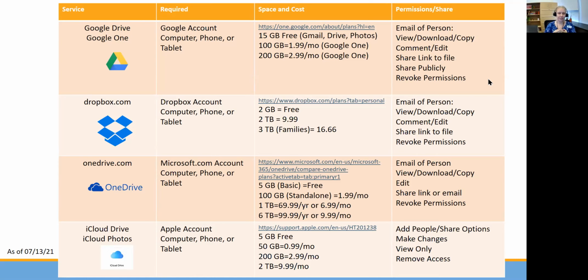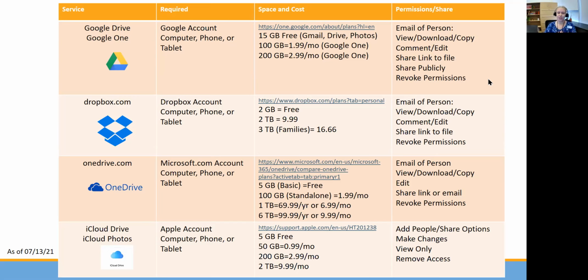So for example, with Google Drive, Dropbox, OneDrive, and iCloud that we're going to talk about just briefly in this chart, almost every one of these will require you to have some kind of device that you can use to access it eventually. It doesn't have to be owned by you, but it has to be a device that you can use to access this. You have to have an account, so you have to create an account, usually using an email address.